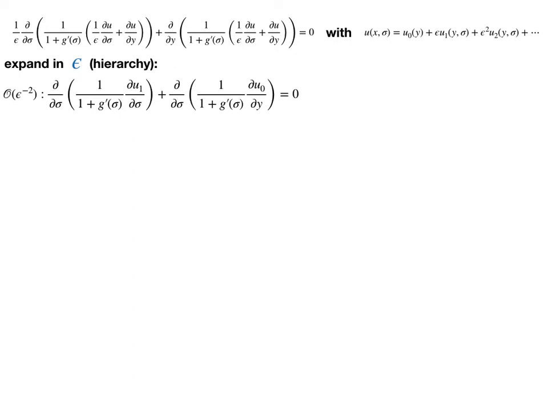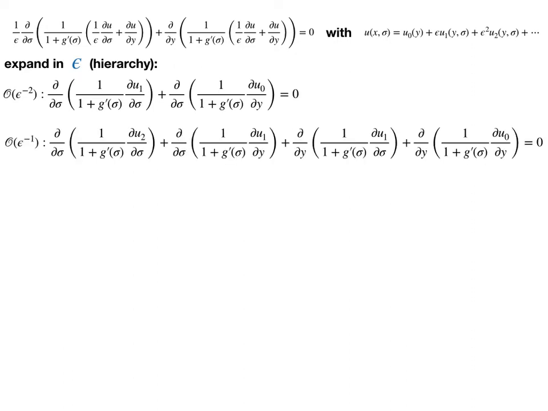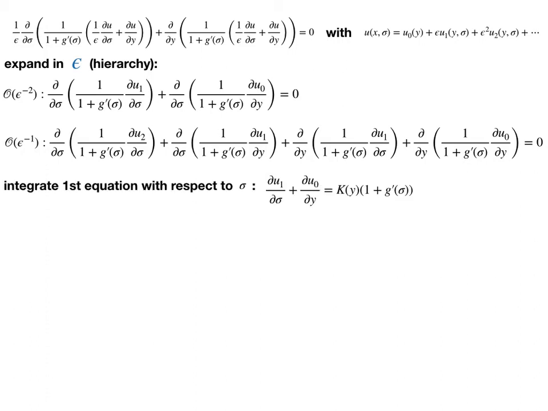Okay, so what remains there is this equation here. Okay, and at order epsilon to the minus 1, we have this more complicated equation regarding all the cross terms in our partial differential equation up in the top left.